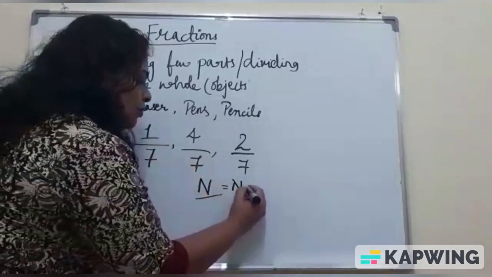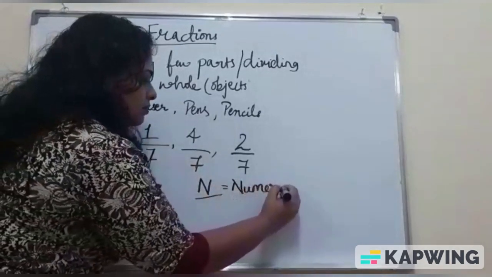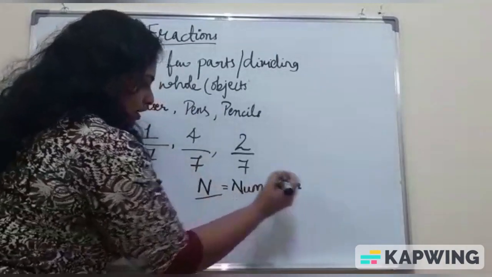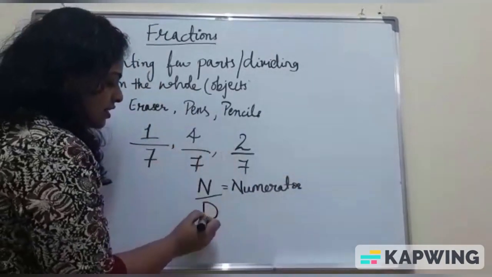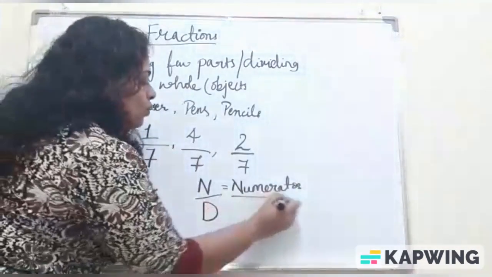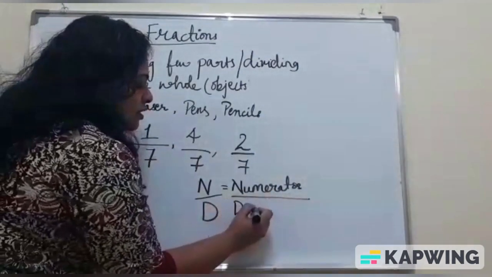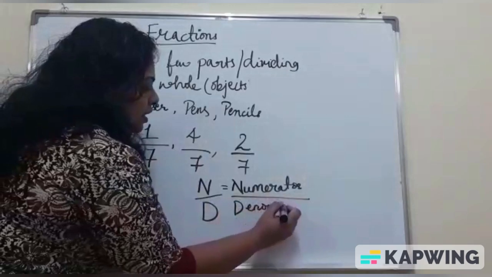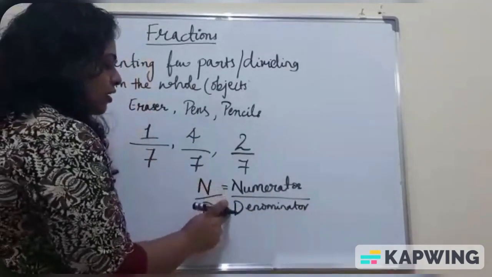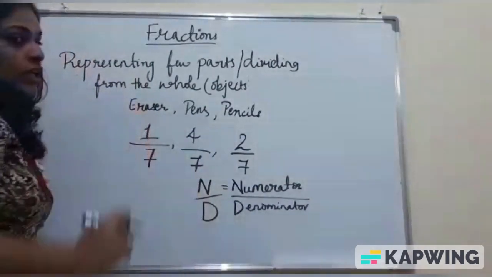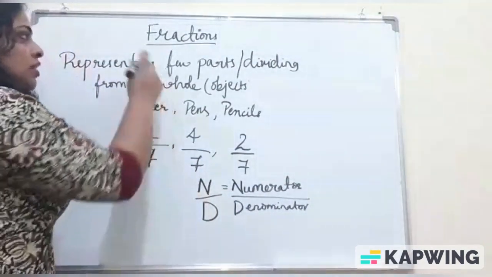It is the numerator. The number below the line is represented as d. What does it mean? It means denominator. It is n by d, numerator by denominator. So what did we learn in today's class? We learnt about fractions.